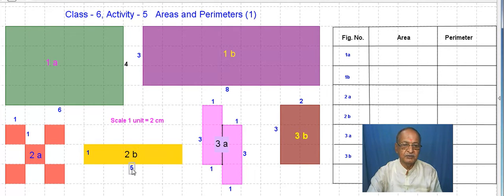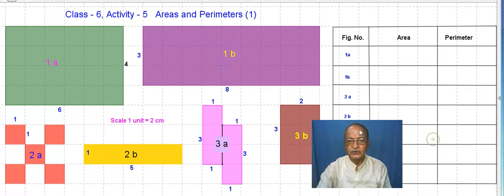So perimeter will be 12 and the area here is length into breadth. So 5 into 1, 5 square units. So here we can write 5 square units and perimeter is 12 units. 6 into 2 will be 12.